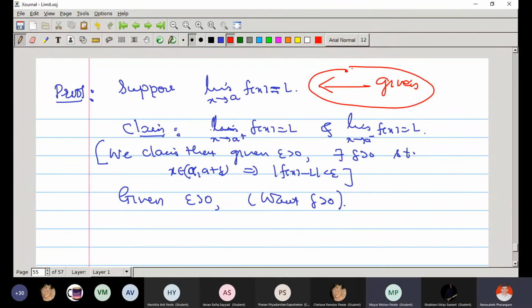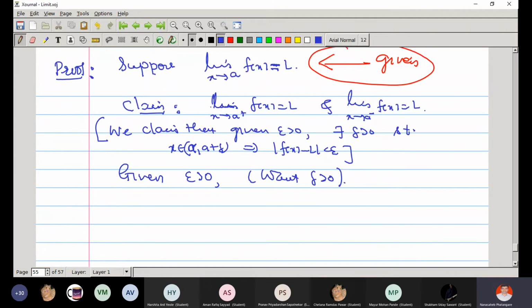What is the given information? The limit of the function at a exists and it is L. How to make use of this?